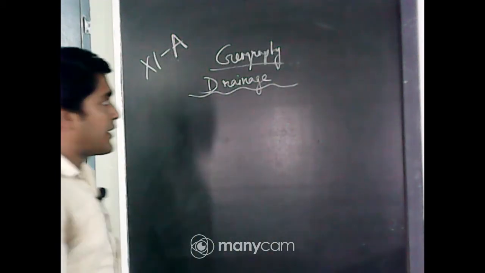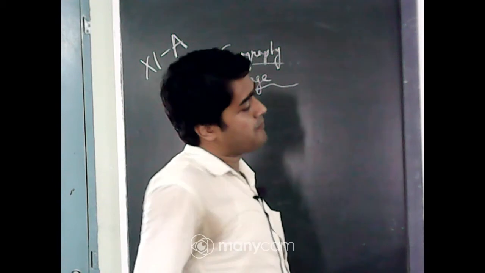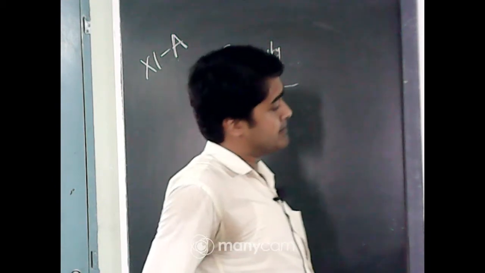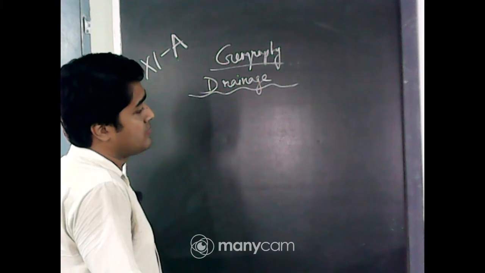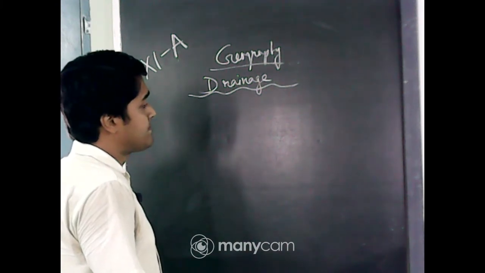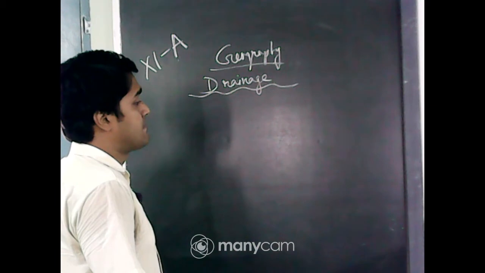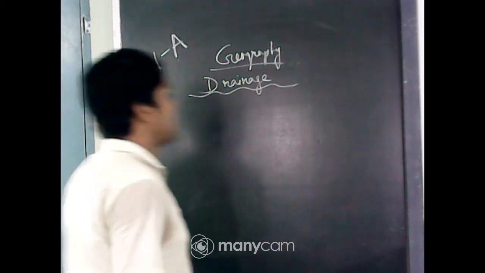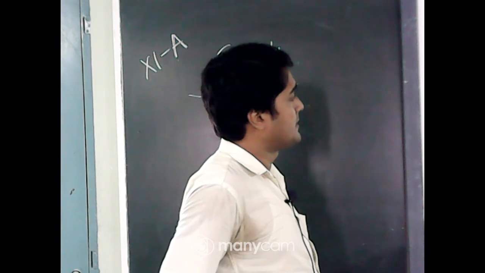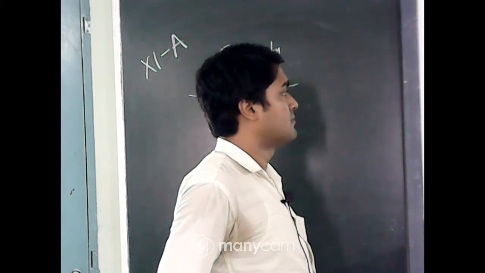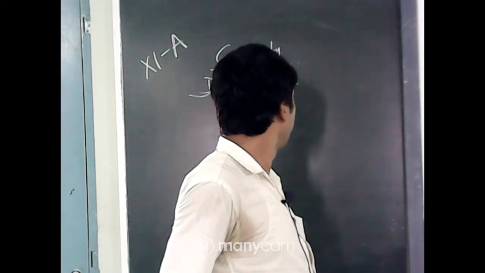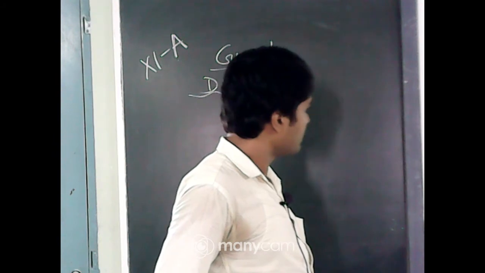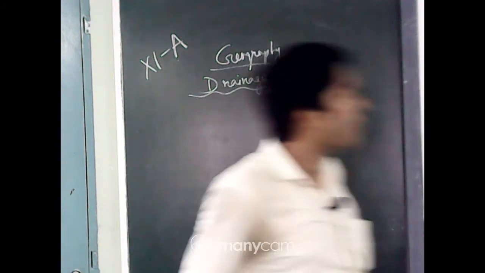What is the reason, can you understand this? Why does the Kaveri river have water throughout the year? What are the reasons? Because it's a perennial river.